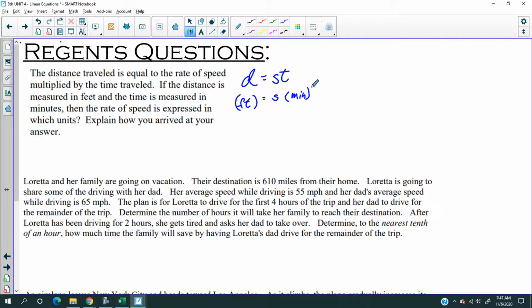Okay, if you see this question on the regions, I think it will make you very happy. You notice how I organize my information also, so that's a good strategy. Now, what are they asking for? Basically they're saying, look, solve for speed.